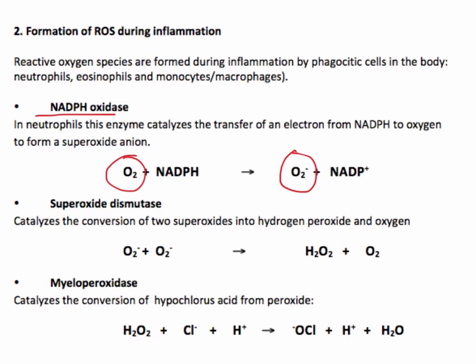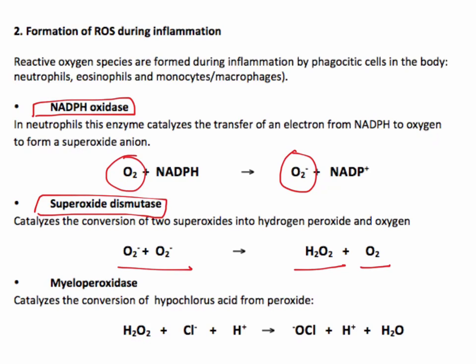The enzyme is NADPH oxidase. So in order to combat infection, neutrophils use other enzymes to form reactive products from superoxide. One of these is superoxide dismutase, which converts two superoxide molecules into hydrogen peroxide and oxygen.